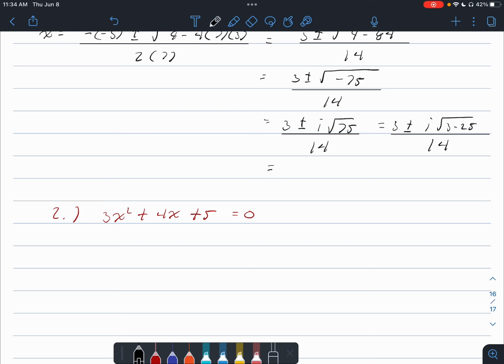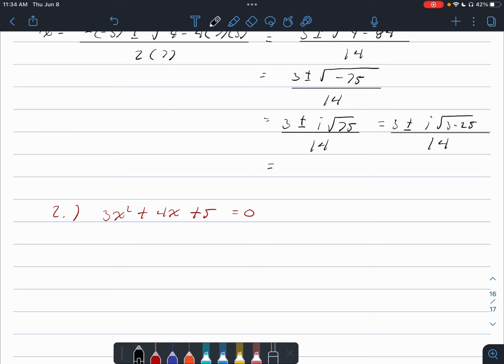All right, and therefore we have 3 plus or minus, so we took the square root of 25, that's 5. So we have 5 times the square root of 3 times i, all over 14. All right, so that is the simplified version of our answer here.